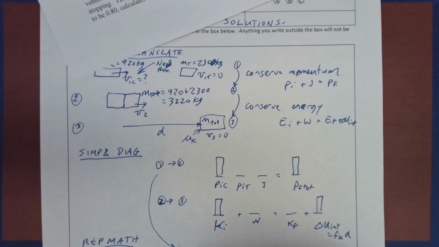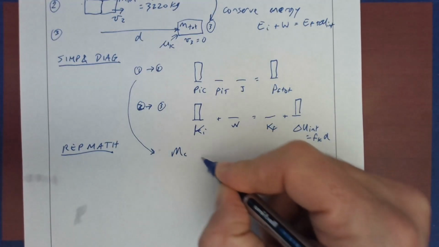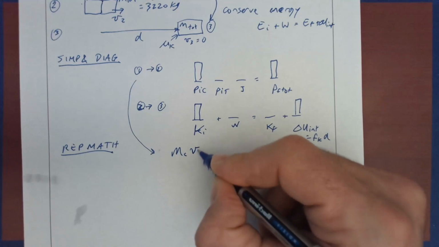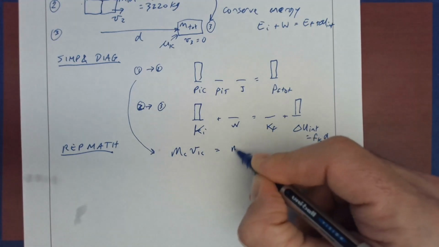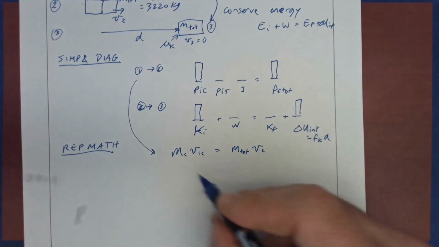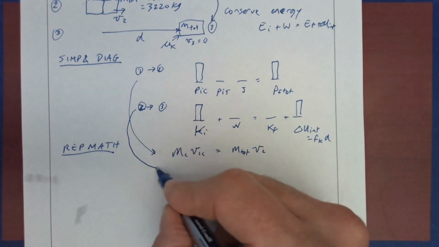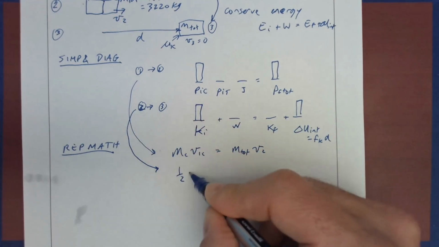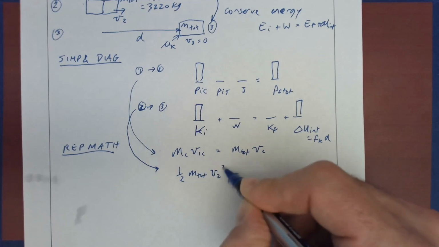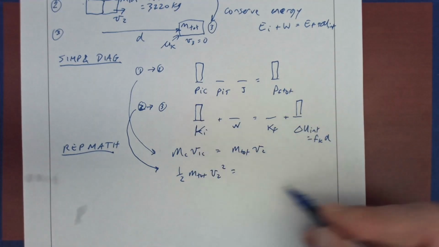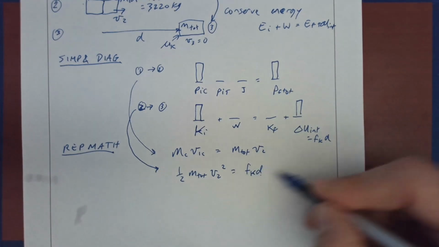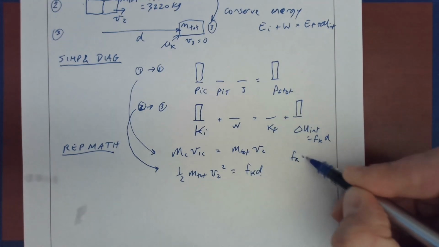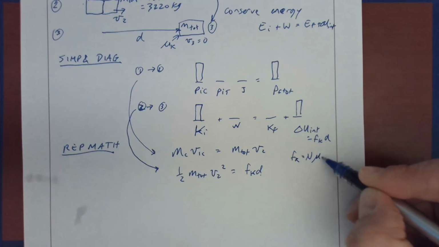This equation says that the mass of the car times the V1 of the car plus 0 is equal to the mass total times V2. And then from this diagram, you've got 1/2 m total times V2 squared, that's initial kinetic, is equal to Fk times d. The thing about the Fk is that Fk is equal to the normal force times mu sub k.